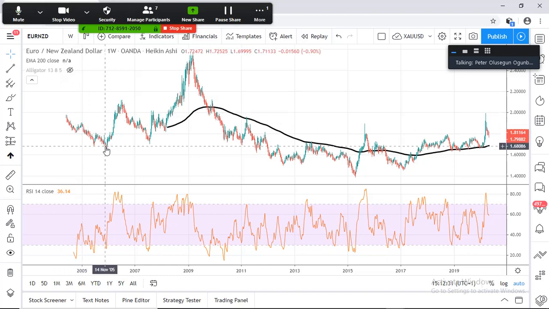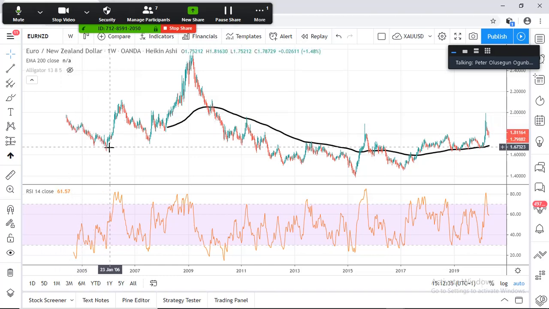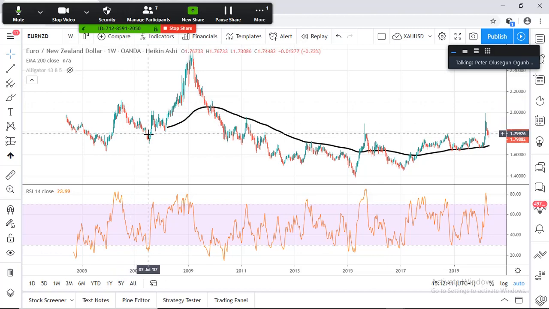Now, like you can see, the price moved from up here down to this place. This is a downtrend, and it moved from this level to this point. That is an uptrend. It moves from this level to this level. That is another downtrend, and it moved from this level up to this level. That is an uptrend.